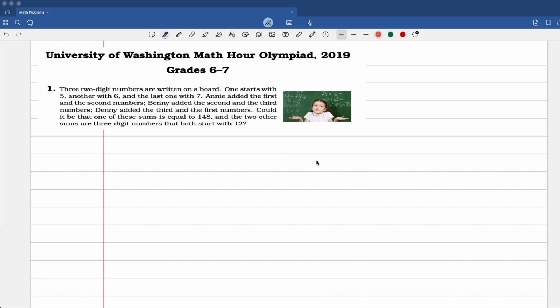Could it be that one of these sums is equal to 148 and the other two sums are 3-digit numbers that both start with 12? Which means, could it be that if the sum of two numbers were 148, then the sum of the other two pairs has to be something that starts with 120, in the sense it's between 120 and 129, 10 possible numbers. So this is your problem.